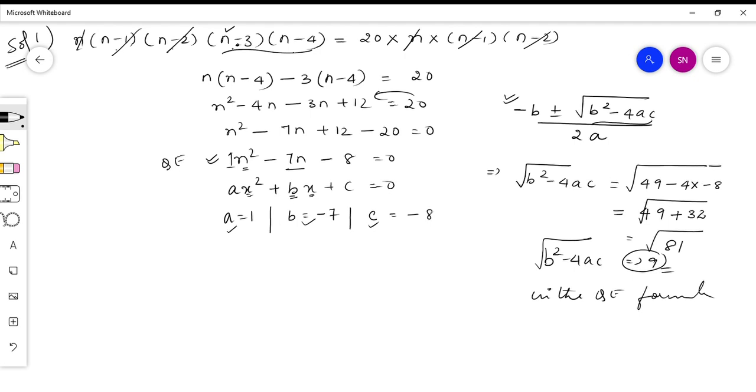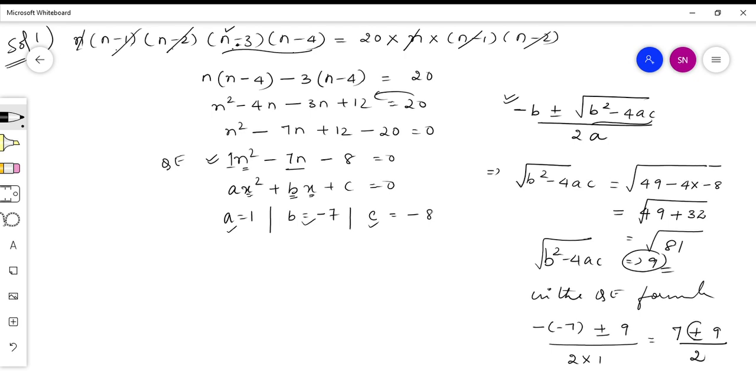Minus b is there. B is already given to us as -7. So minus into -7 plus or minus 9 divided by 2 into 1. Correct? So when I simplify this further, I will get 7 plus or minus 9 divided by 2.